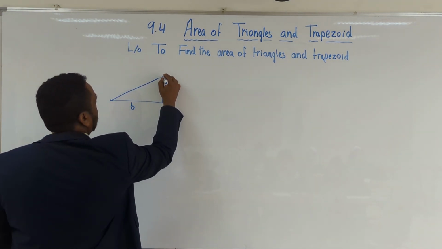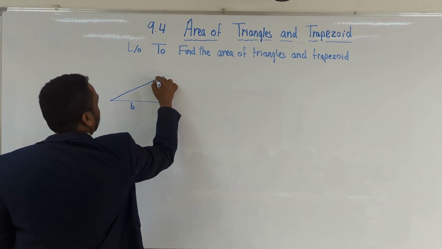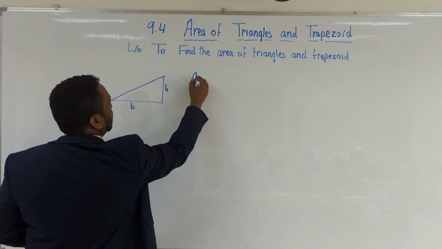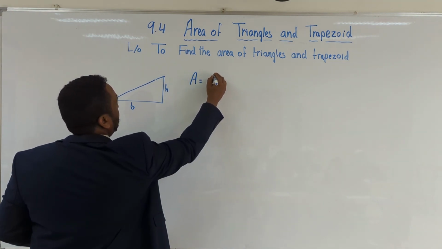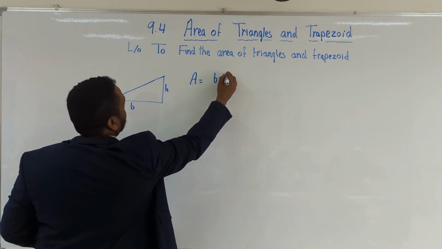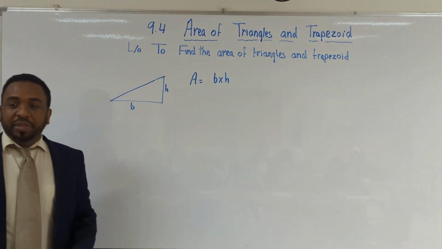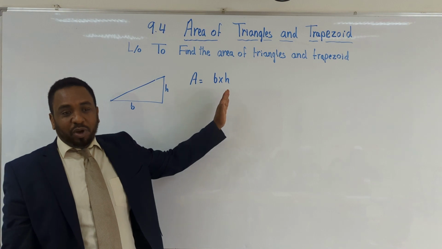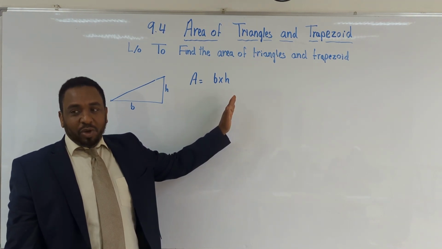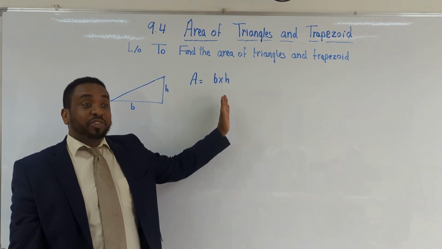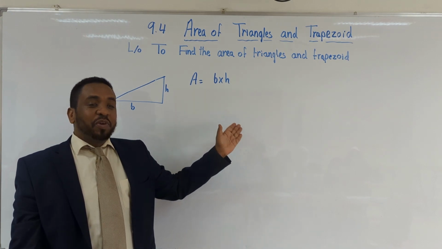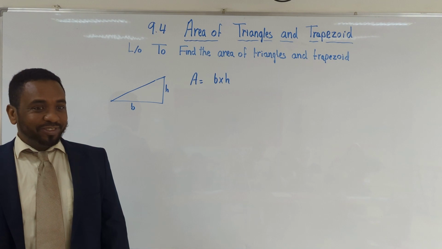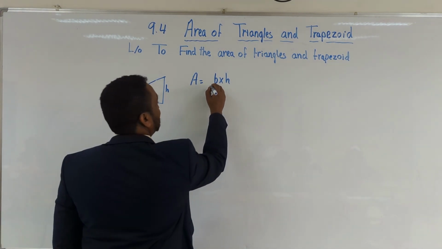Half of a rectangle. Remember, the area of a rectangle was base times height. What do I have to do here? When you have half of something, you divide by 2. You just divide by 2 here.